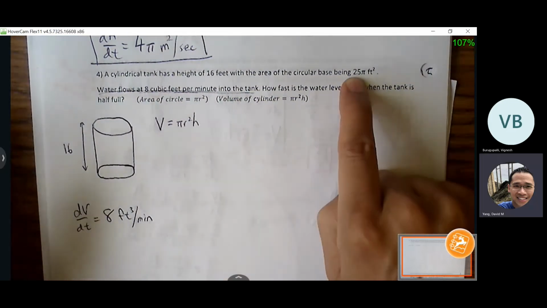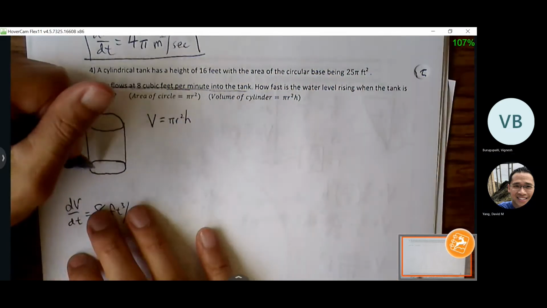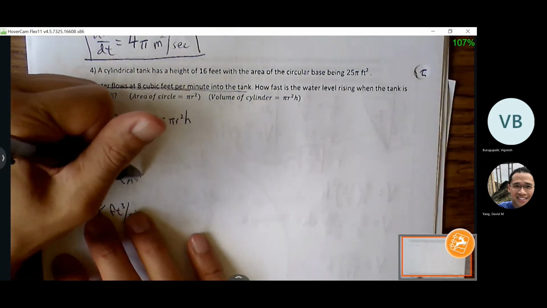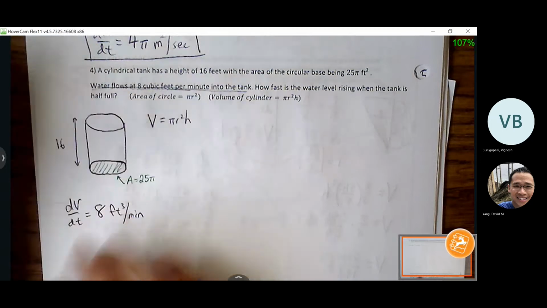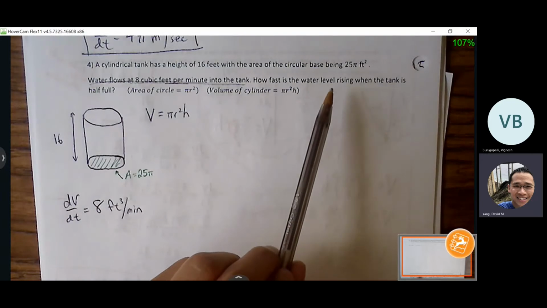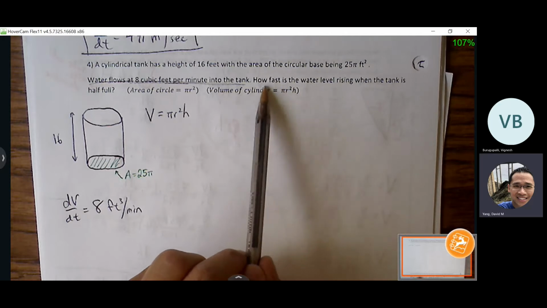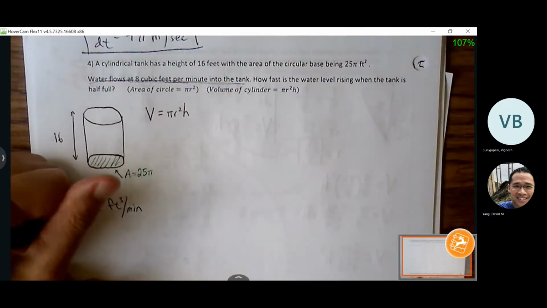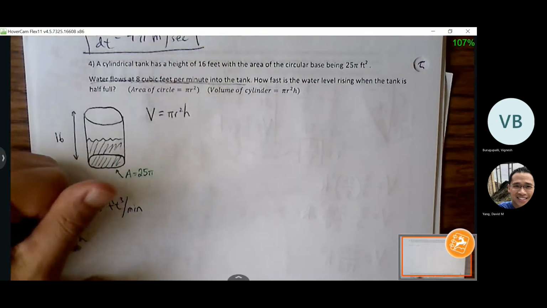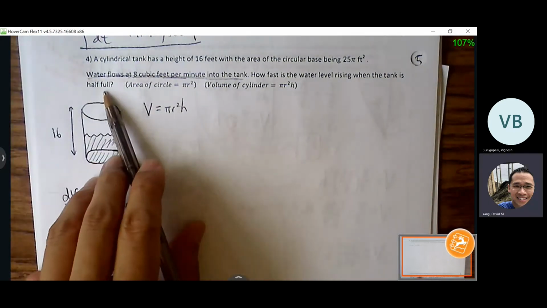Area of the circular base is 25 pi. How fast is the water level rising? What are we looking for? dH/dt. When the tank is half full.